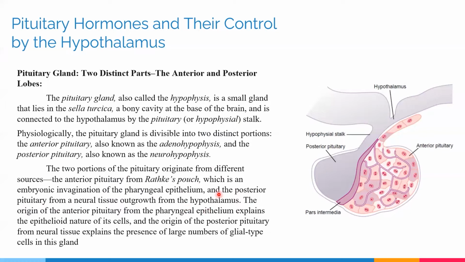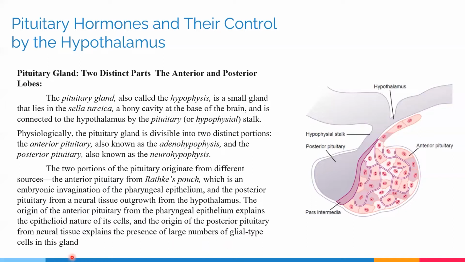This difference in origin is what explains the epithelioid nature of the cells of the anterior pituitary. That is, the anterior pituitary contains cells which are epithelial in nature, and the origin of the posterior pituitary from neural tissue explains the presence of a large number of glial type cells in this gland.